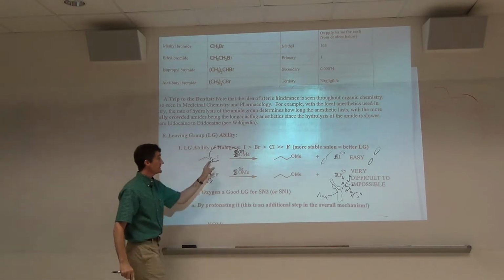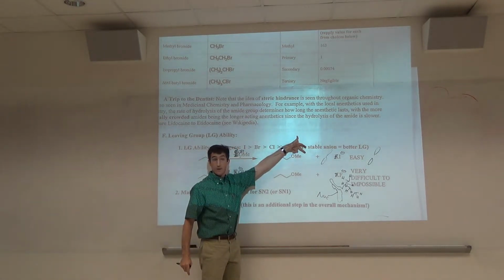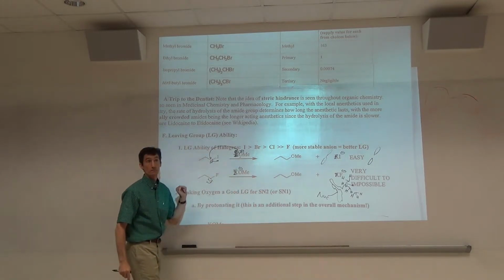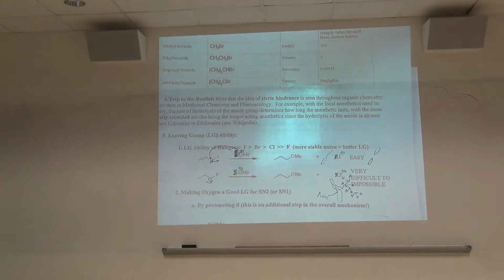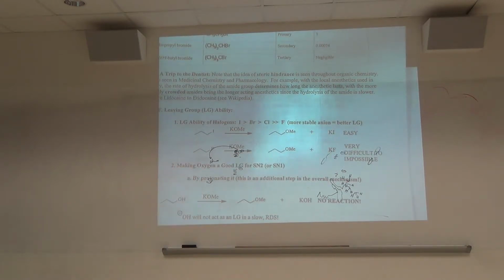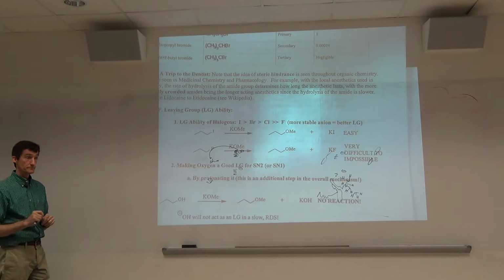Ultimately, we know that this is the easier reaction. Go to lab and it's easier, so we have to explain it. Okay, so those are your halogens, most common leaving groups. Oxygen. Can oxygen be a leaving group? Yes.